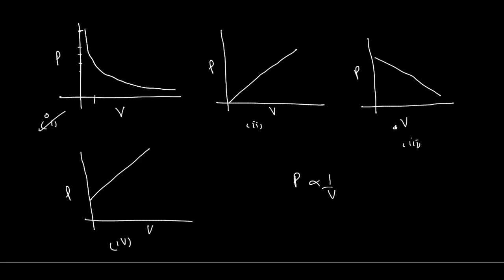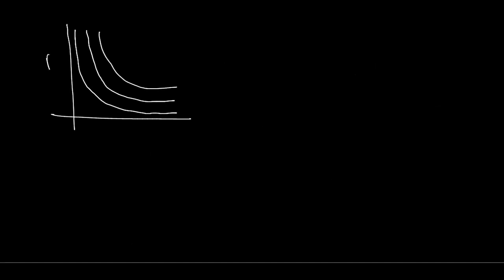Very good. Now considering this one, this is the PV graph, and we are considering this curve as temperature T1, this one as T2, and this one as T3. If I ask you to arrange these in decreasing order, the highest temperature would be T1, T2 or T3?